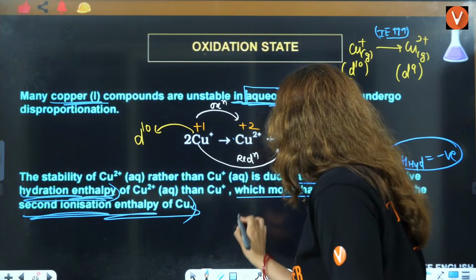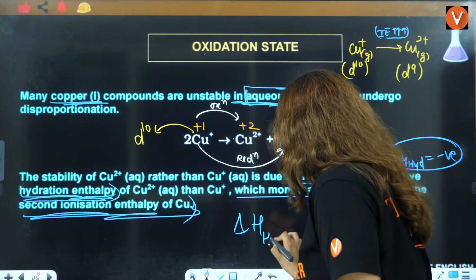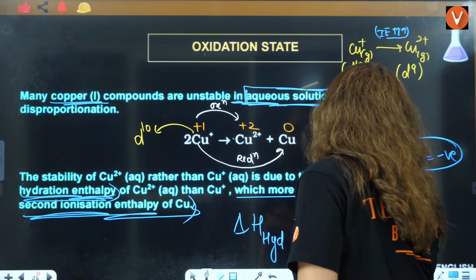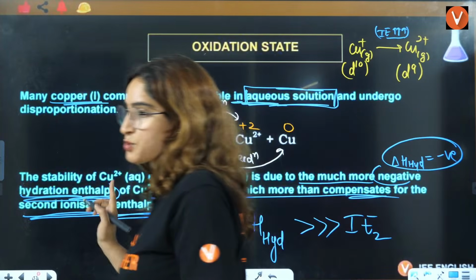So you can say that the delta H of hydration here is greater than the second ionization enthalpy. That's why this is possible.